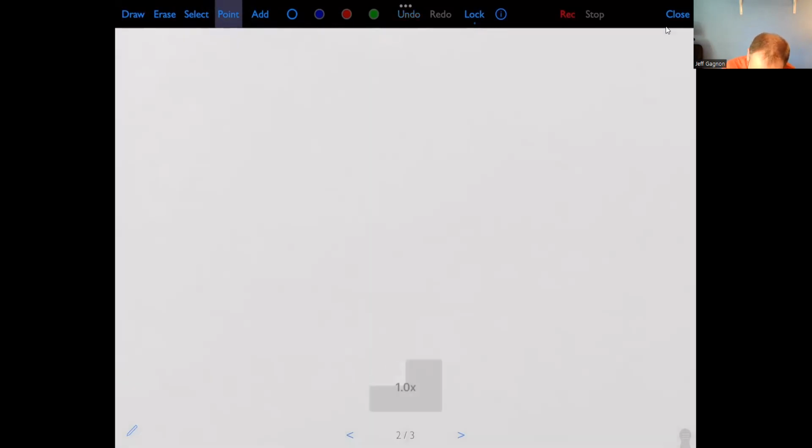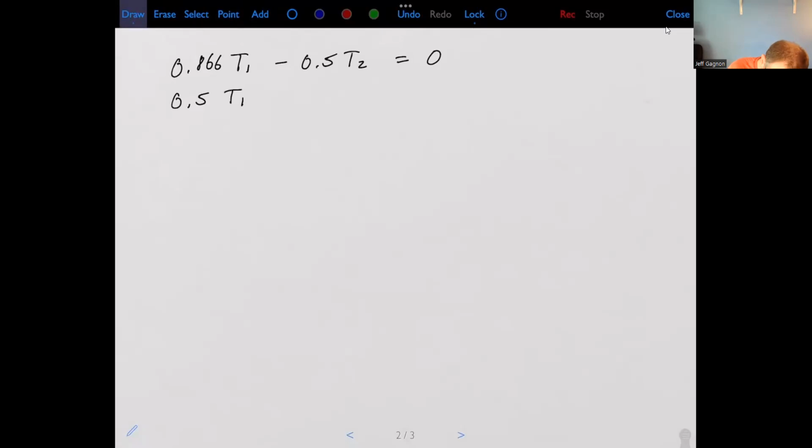So same thing, I'm just going to write it slightly differently so we can solve it more easily. I'm going to write it like this. So I have 0.866 T1 minus 0.5 T2 is equal to 0. And for the second equation, it'll be 0.5 T1 plus 0.866 T2 is equal to, and I need to add the 150 to both sides, so I'm going to have positive 150 on the right-hand side.